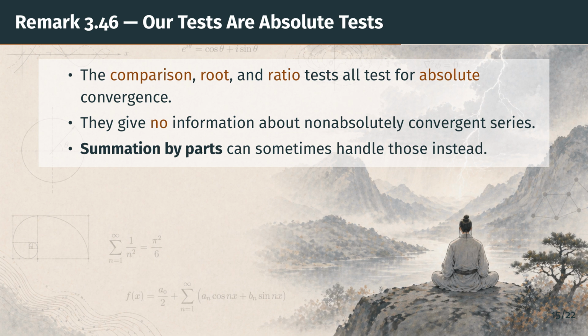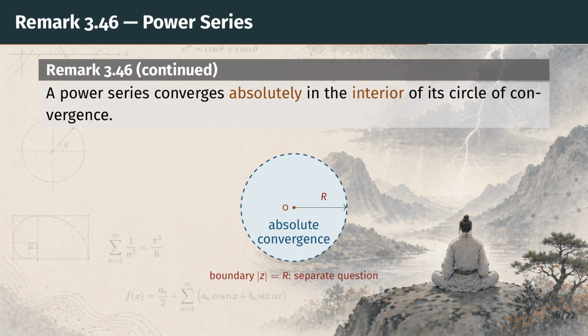Next, a note on power series. The fourth remark connects to power series. Recall from theorem 3.39 that a power series has a radius of convergence, capital R. The remark sharpens that picture. Inside the circle, that is, wherever the size of z is strictly less than capital R, the convergence is actually absolute.